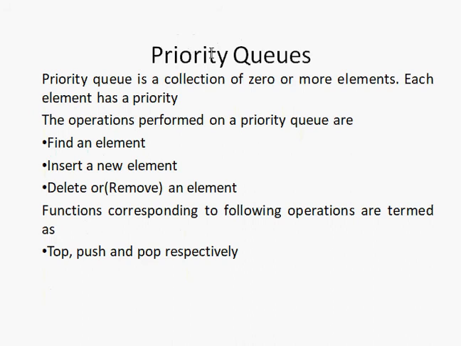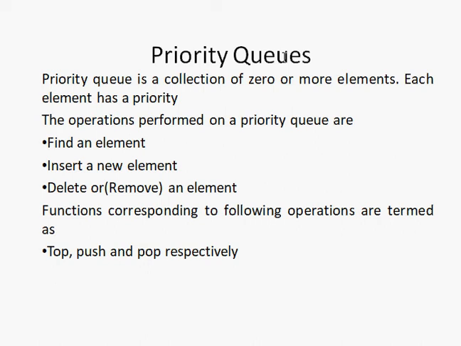A priority queue is a queue wherein every element belonging to the queue has a particular priority. Based on this priority, you can delete the element. If we address maximum priority, then the element with the maximum priority gets deleted, or the element with maximum priority gets found.